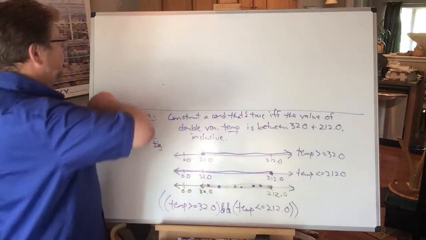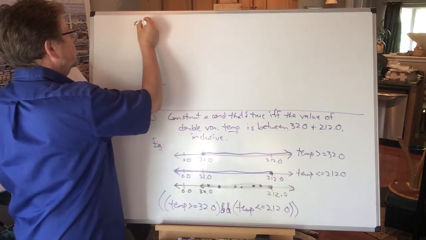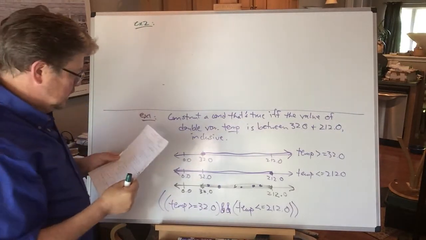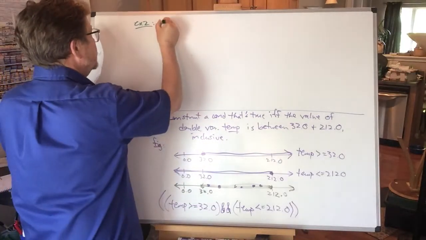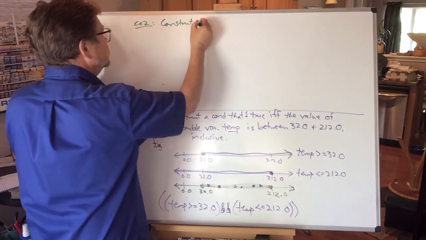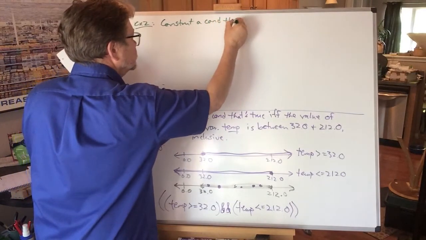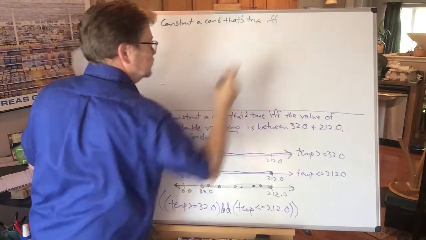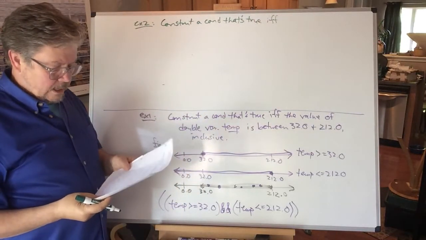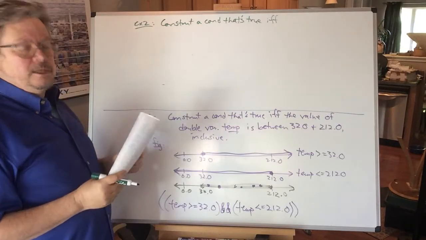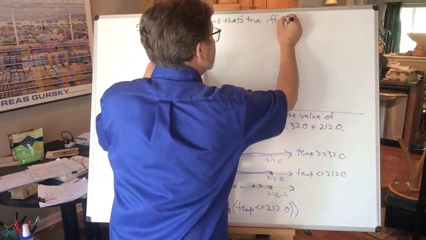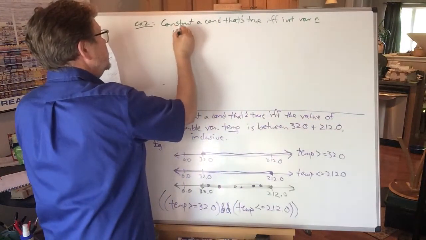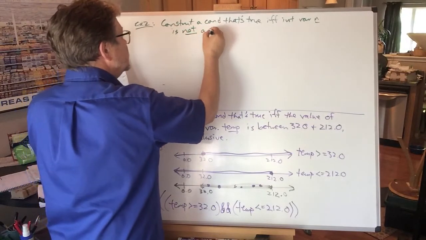Example 2. You know where this is going, but please join us. Go along for the ride anyway. Construct a condition that's true if and only if integer variable n is not a single digit integer.